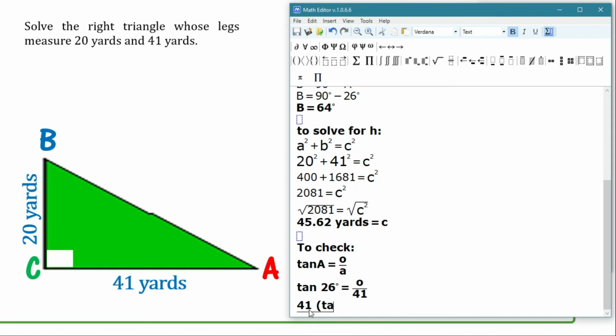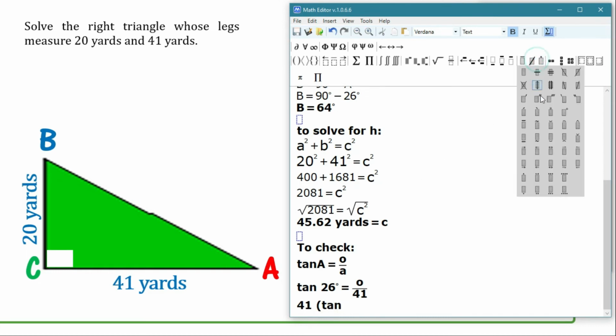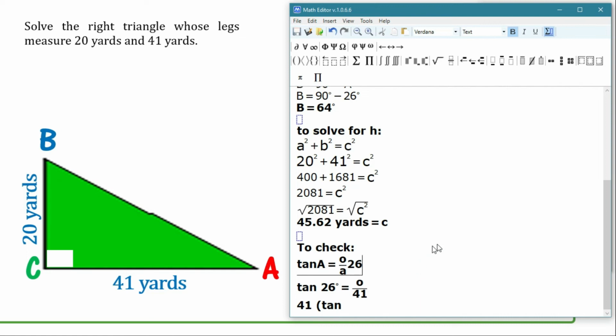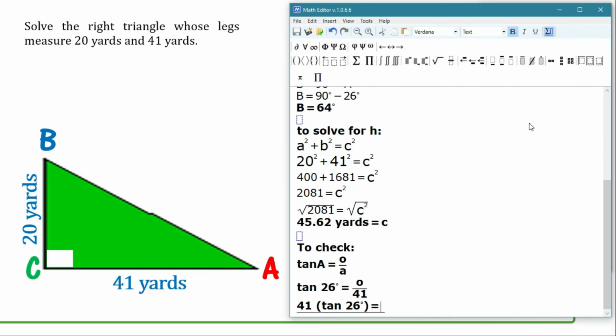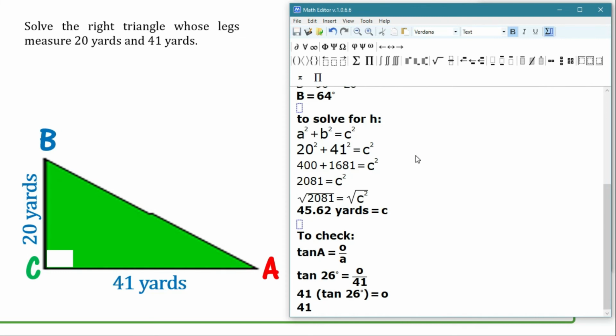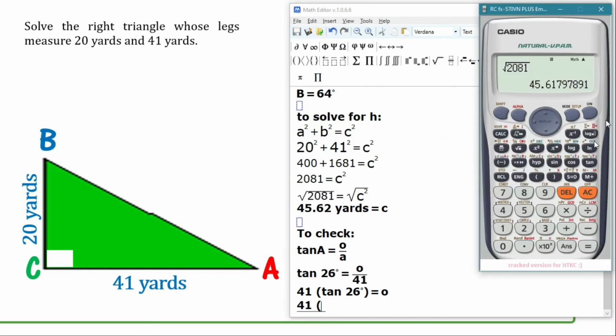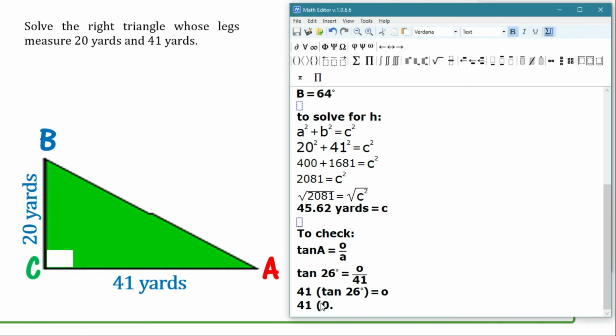So, that is 41 times the tangent of 26 degrees, and that is equivalent to O. So, the tangent of 26 degrees is equivalent to 0.4877 with an ellipsis, meaning to say there are still significant figures after that.